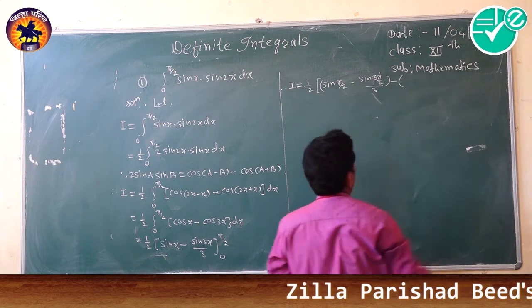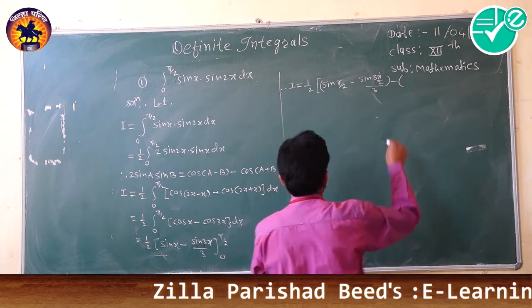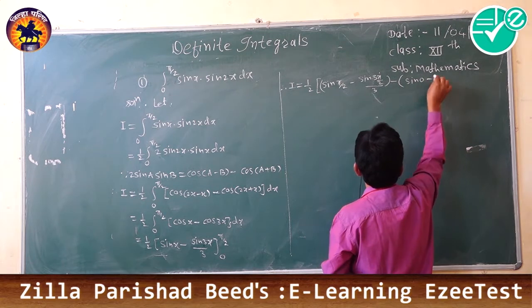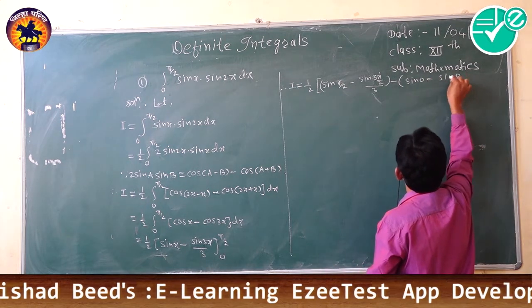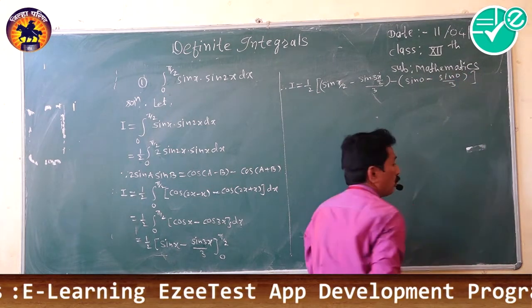Now lower limit, minus sin 0 minus sin 0 by 3, bracket closed.